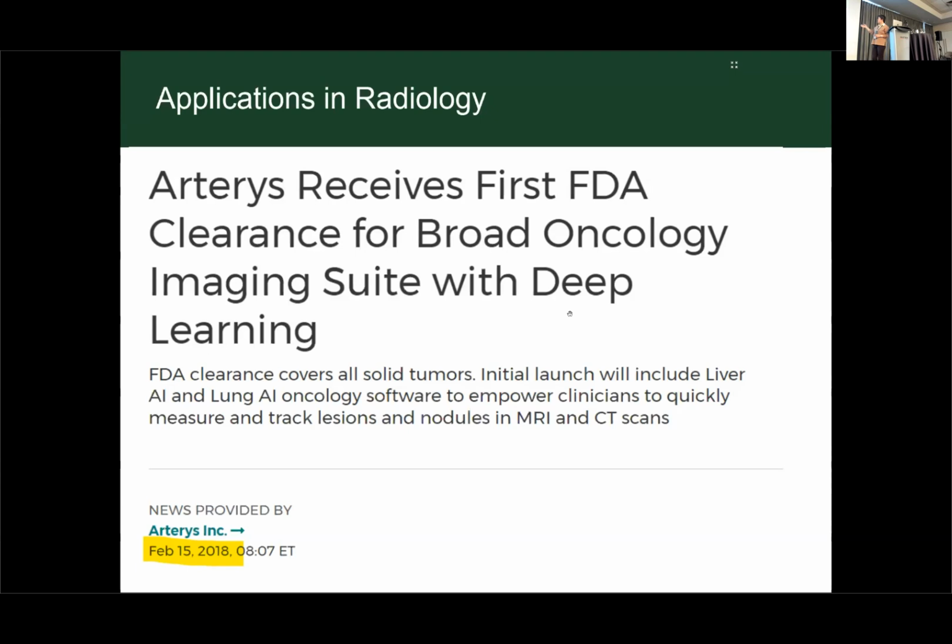This radiology aid launch will include the liver AI and the lung AI oncology software that is aimed to empower clinicians to quickly measure and track lesions and nodules in MRI and CT scans. I think one of the important achievements here is not only FDA clearance, but also that it can track lesions over time. So that's one major advancement there. And that was 2018 news, so fairly recent.